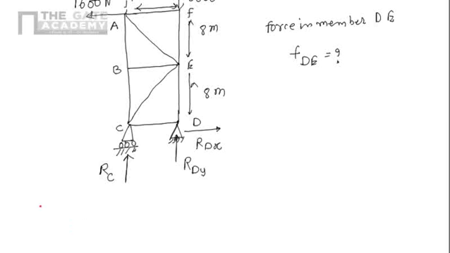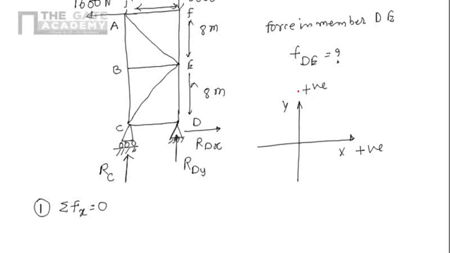So let's apply the first condition, that is, the algebraic summation of all horizontal forces should be zero, for forces along x direction. I am just writing our sign convention: positive x is positive, positive y is positive, negative x is negative, negative y is negative.